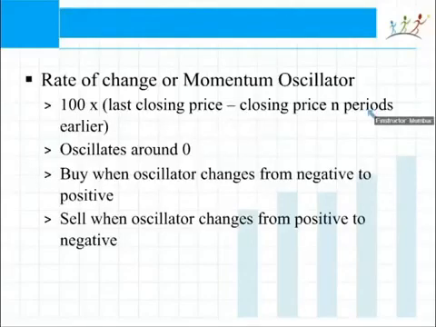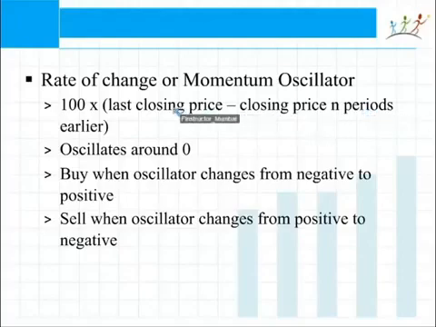So the first oscillator is called the rate of change or the momentum oscillator. It is computed as 100 multiplied by the last closing price, that is today's price, minus the closing price n periods earlier.